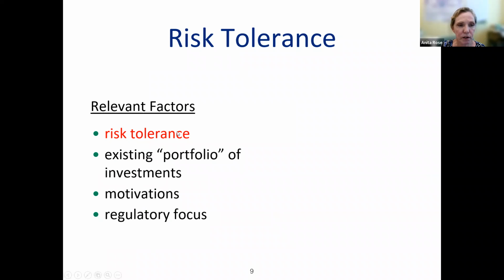Okay, risk tolerance. So we also want to think about certain relative factors here. Perhaps an existing portfolio of investments, we might be able to tap into some of those funds, but we want to be careful that we don't lose our investments, right?